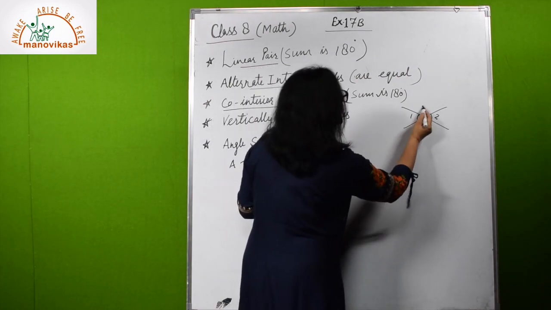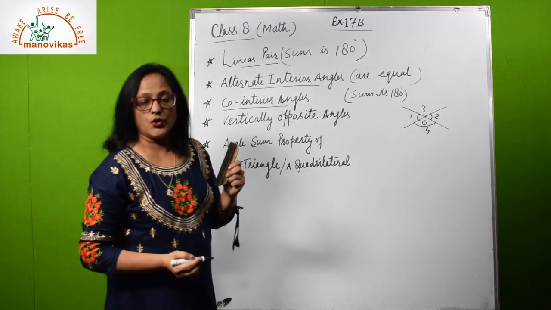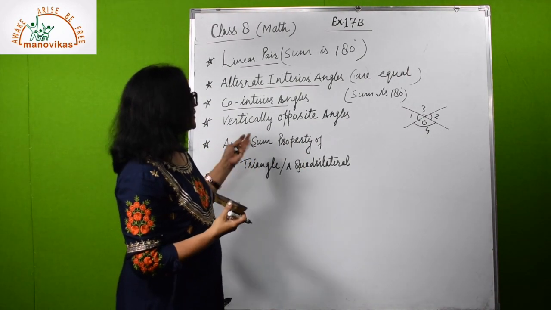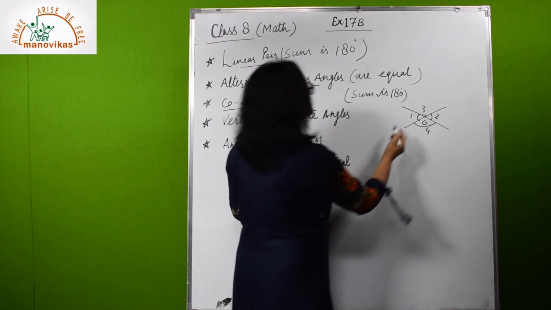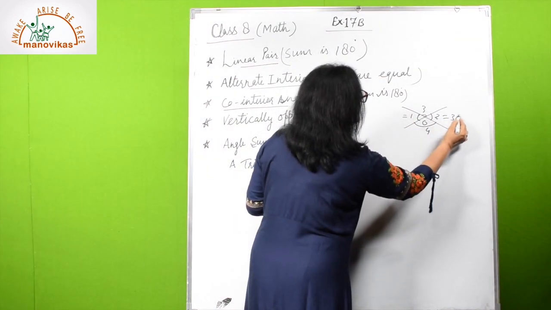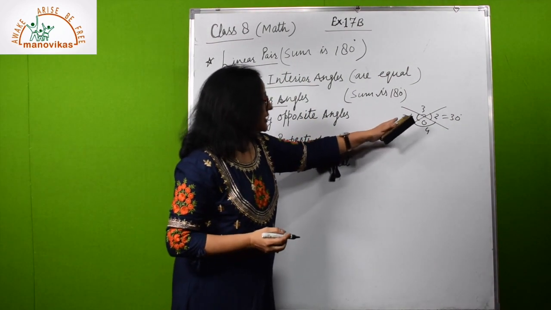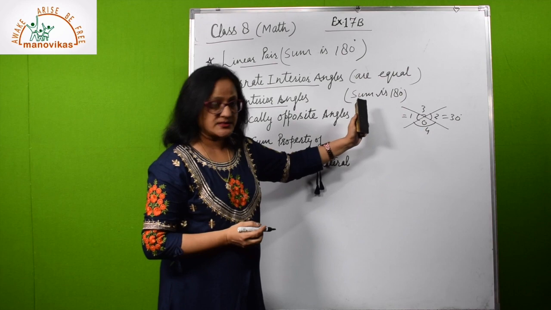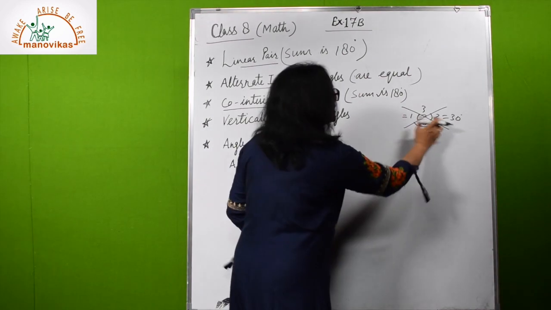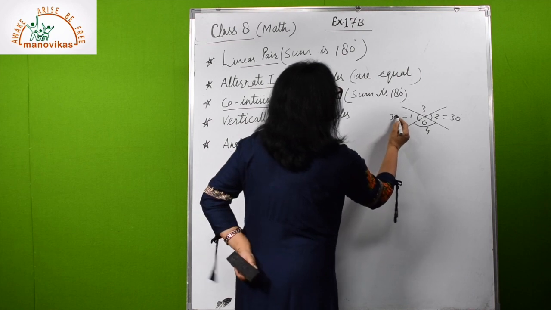Same way, angle 3 and angle 4, they are also vertically opposite angles. So in a parallelogram, if you see any angle is given, say angle 2 is equal to 30 degrees, find angle 1, and angle 1 is required to find the other angles. Then you can find it by using the vertically opposite angle property. So angle 1 is equal to 30 degrees.